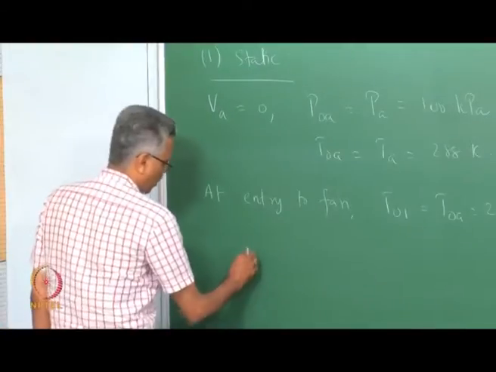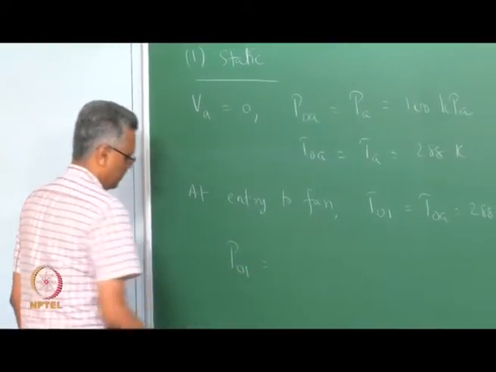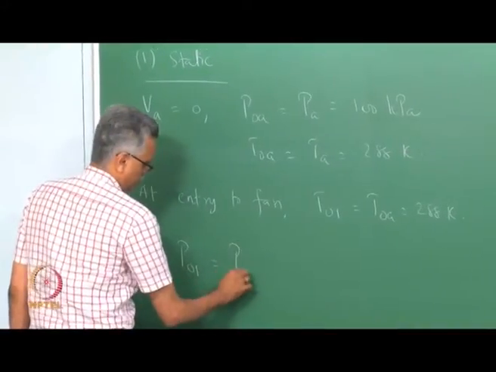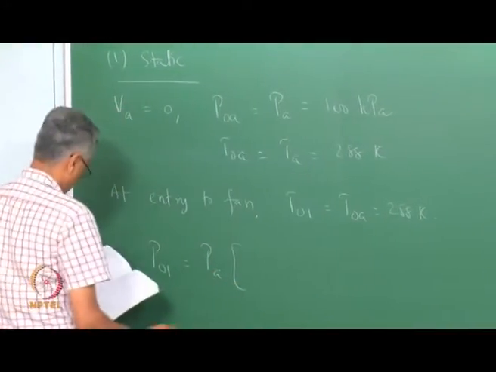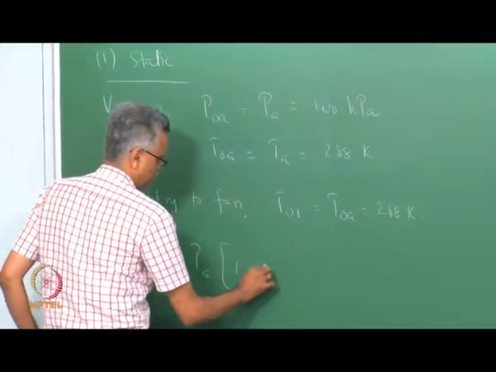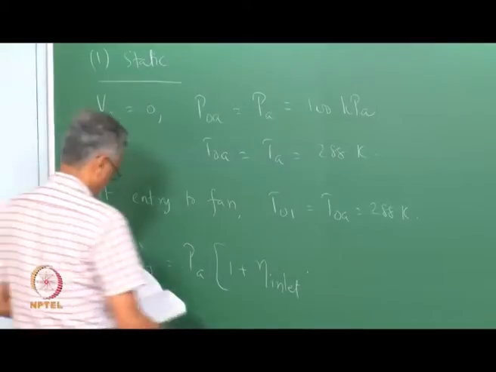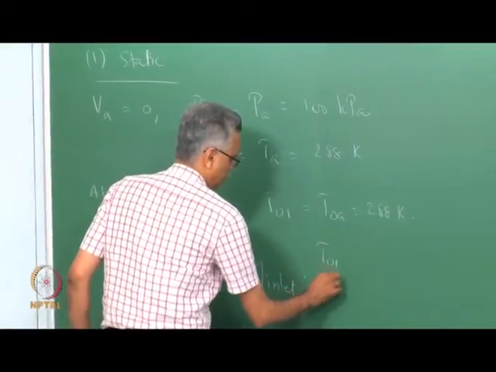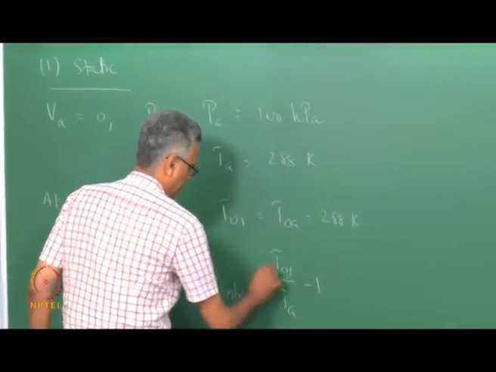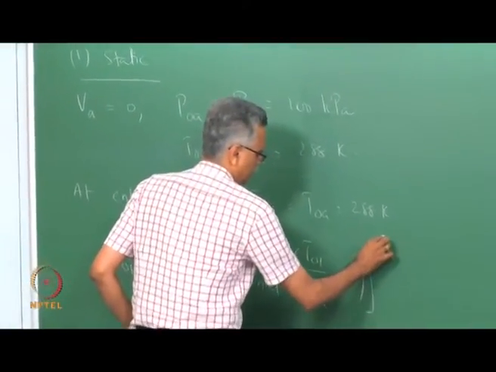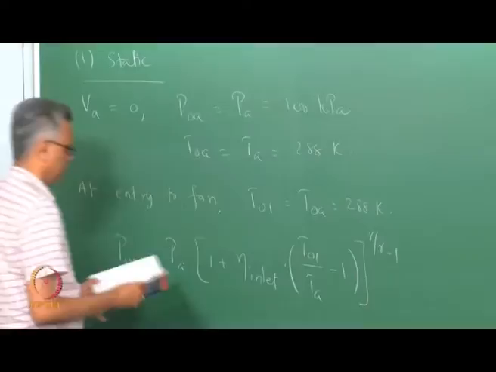And P01 at the end of the inlet was equal to Pa times 1 plus eta inlet times T01 over Ta minus 1, raised to the power gamma over gamma minus 1.